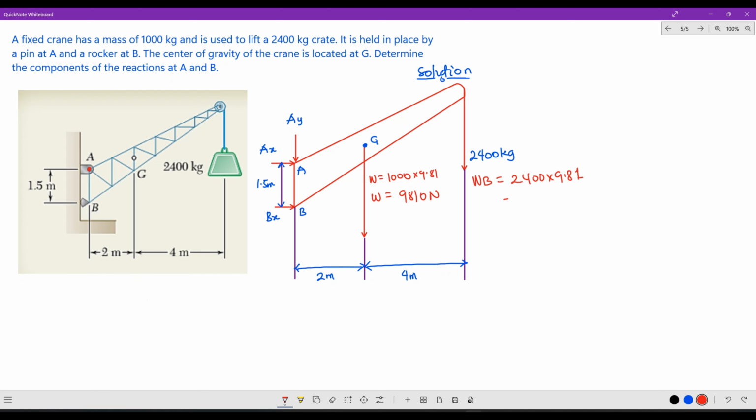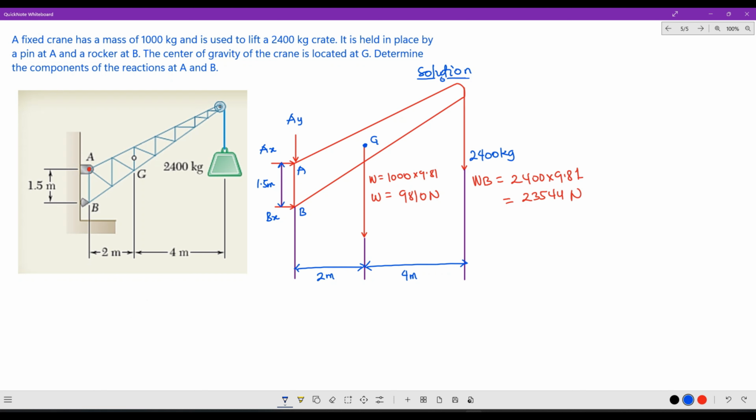Let's find the value of that. 2500 times 9.81 also gives us a value of 23,544 Newton. So that's the weight of the block. Now we want to find the reaction forces that will help keep the system in equilibrium.